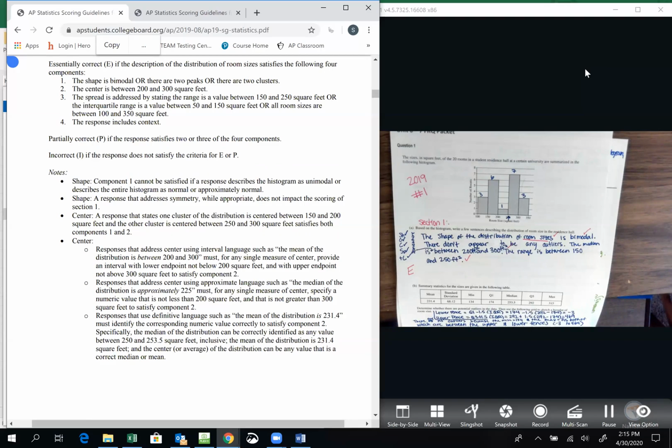Responses that address center using interval language, such as the mean of the distribution is between 200 and 300, must, for any single measure of center, provide an interval with lower endpoint not below 200 and an upper endpoint not above 300. Okay.